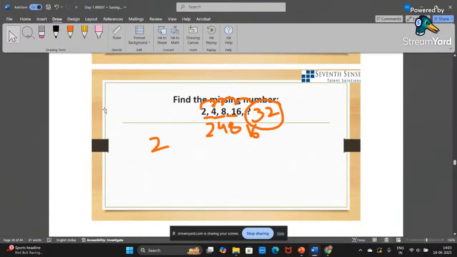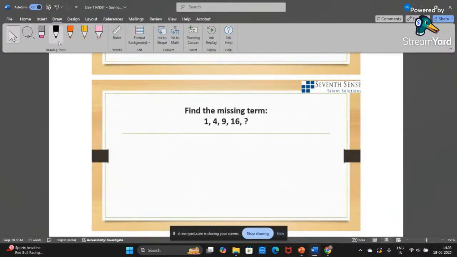Now, 1, 4, 9, 16. First, let us find the difference between 1 and 4. It is 3. Here the difference is 5. So here the difference is 7, right? So see the differences 3, 5, 7. These are odd numbers, right?